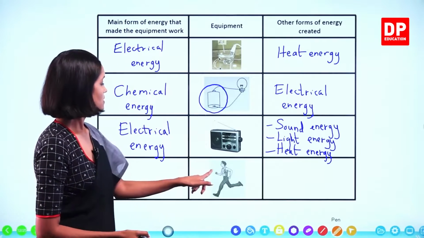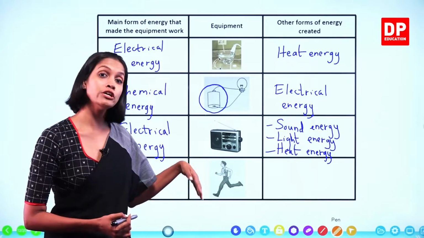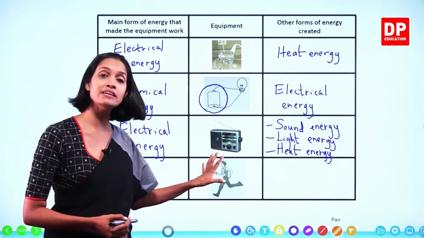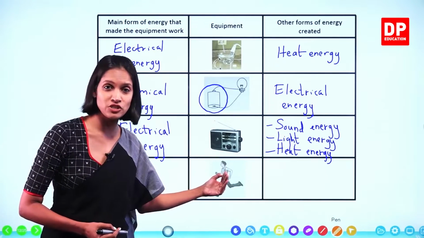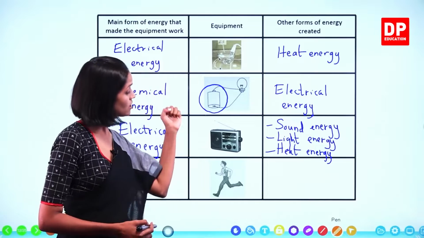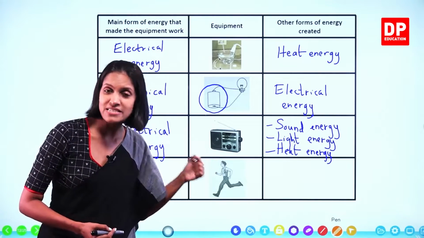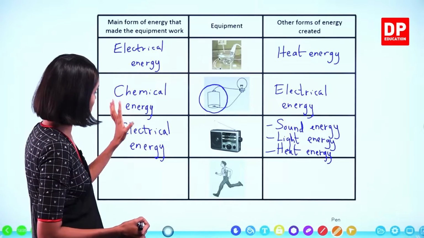Right. A man is running. To run, you need energy. You need to burn food and then get energy. So someone is moving. Running is a type of movement. Running means kinetic energy. Where does this person get the energy from? By burning food. Food contains chemical energy, right? So chemical energy should be provided.